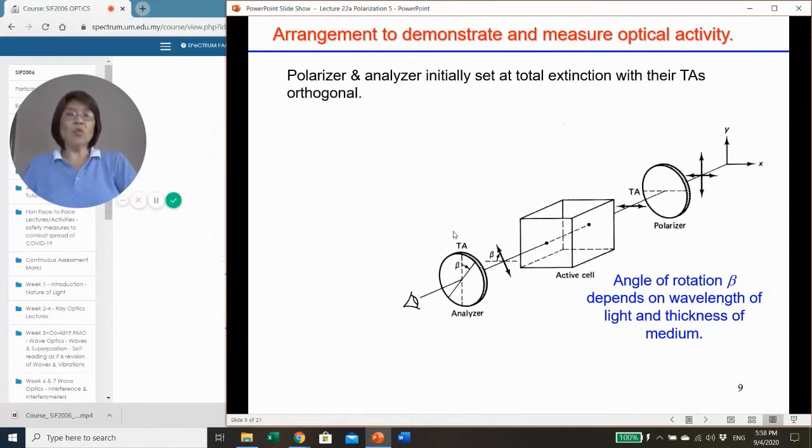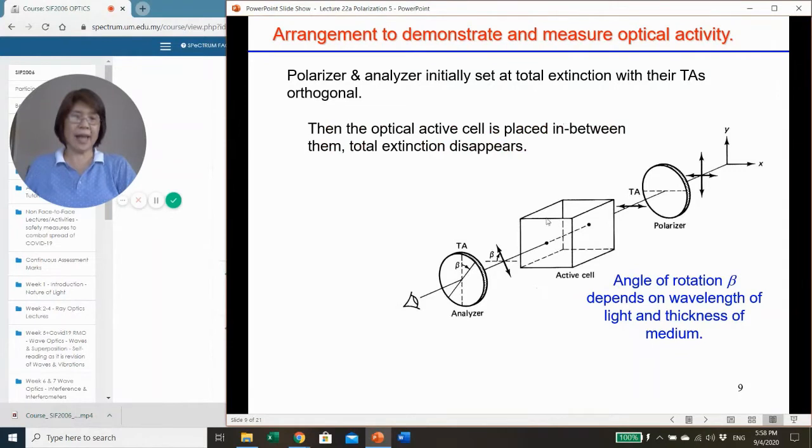Now, how do we demonstrate or measure optical activity? Basically, how do we measure the rotated angle? Well, if we have a set of polarizer and analyzer, initially set them at crossed transmission axes, so you get total extinction. And then you insert the active cell in between them, and you'll find that you see light emerging.